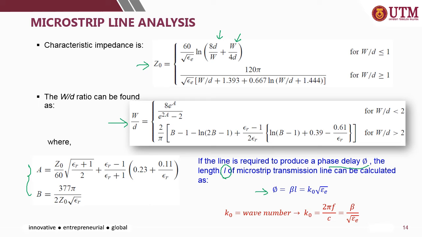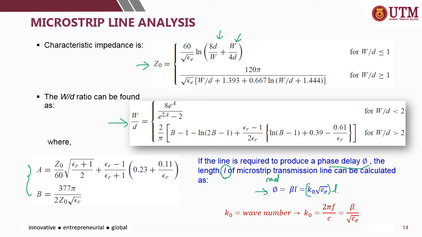Okay, the phi in radian equals beta L. So beta is k naught, the wave number, multiplied by the square root of epsilon e, multiplied by L, the length of the structure.